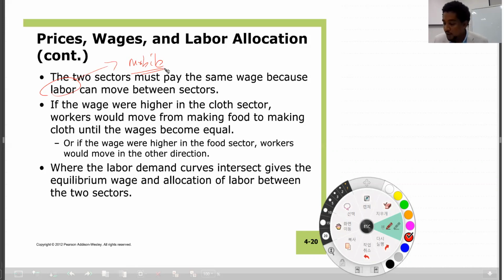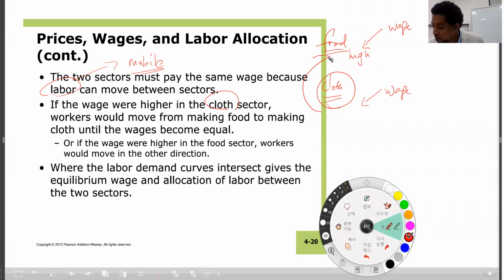If the wage were higher in the clothes sector, workers would move from making food to making clothes until the wages become equal. So here we have food production, and here we have clothes production. If the wage paid to workers in food production is high compared to the wage paid in clothes production, workers in clothes production will move to the food production sector.